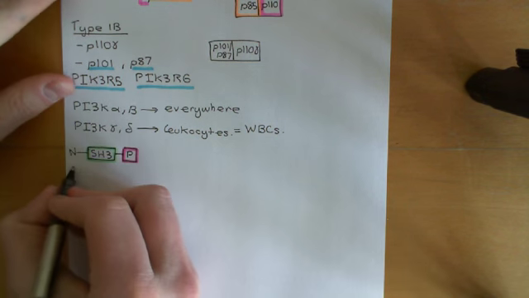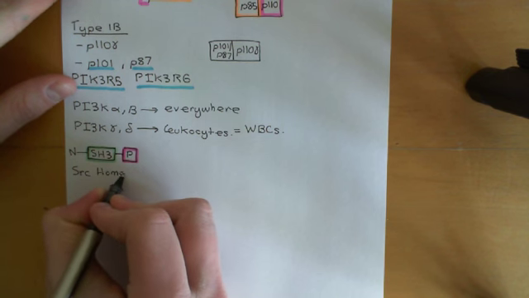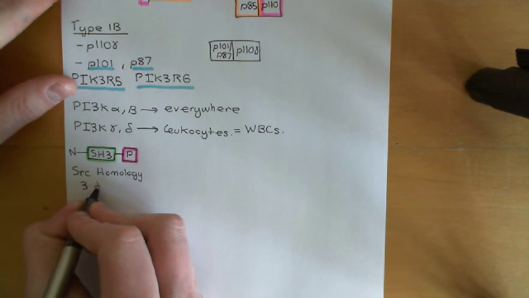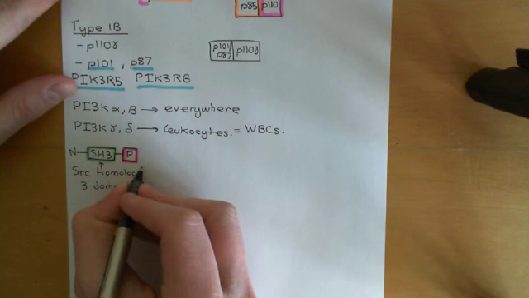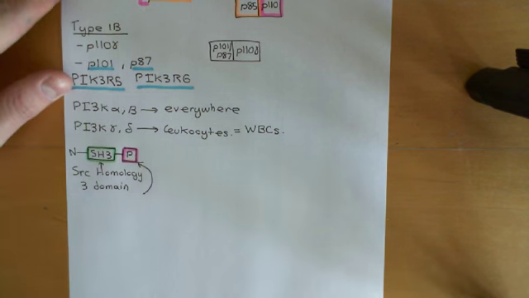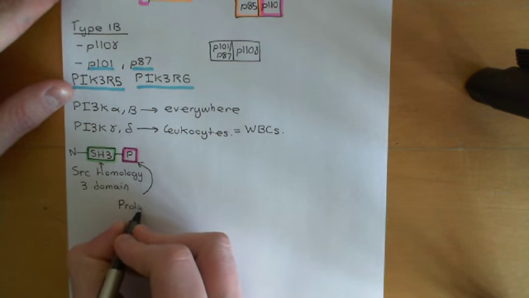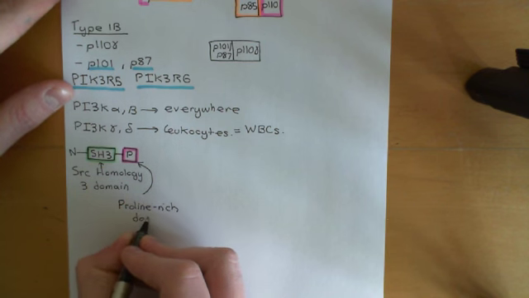Okay, and I'll just put a few labels here. So SH3 stands for Src homology. Okay, so the S is for Src, H is for homology, and it's the Src homology 3 domain. And we're going to see another example of a Src homology domain in a moment that's going to be more important for the function of the P85 subunit. Okay, this P domain here is a proline-rich domain, so it has a lot of proline residues within it.